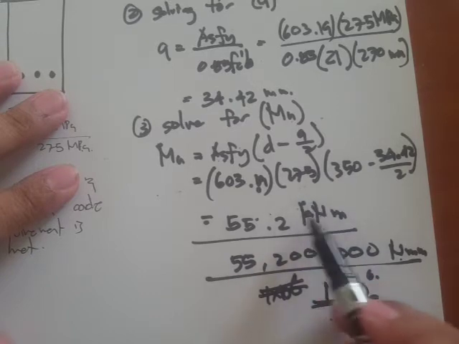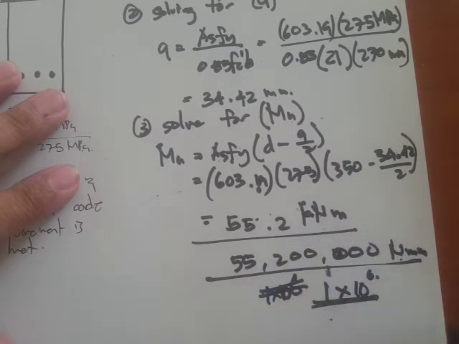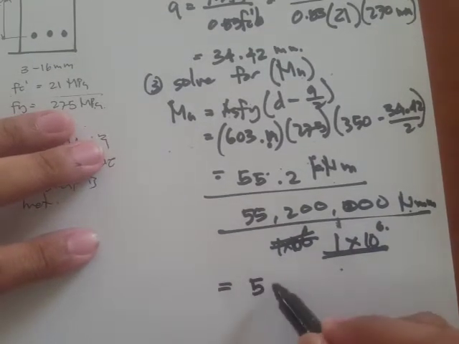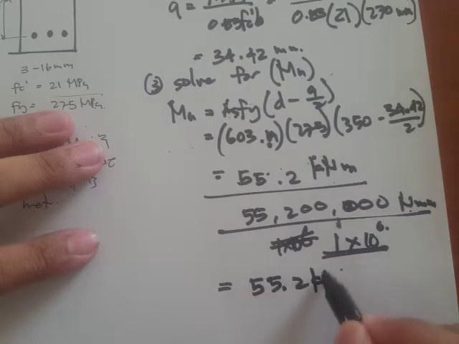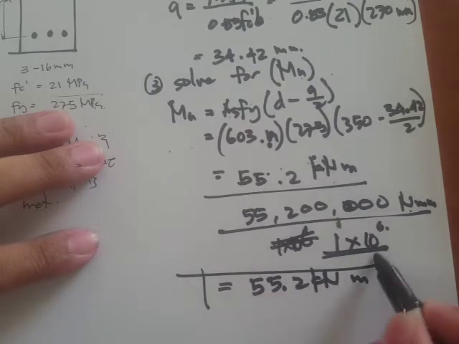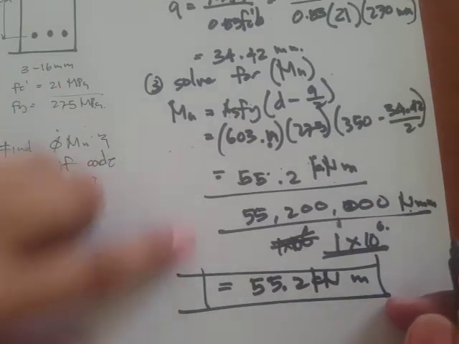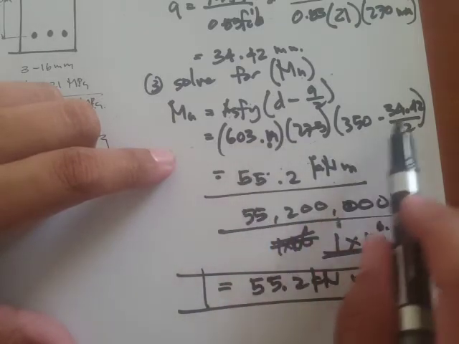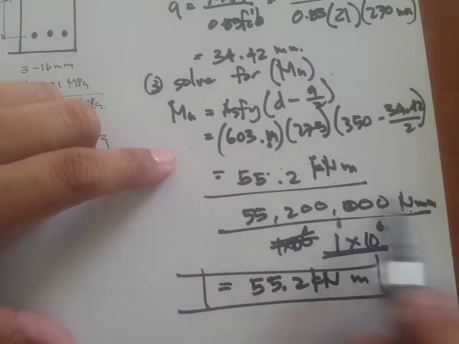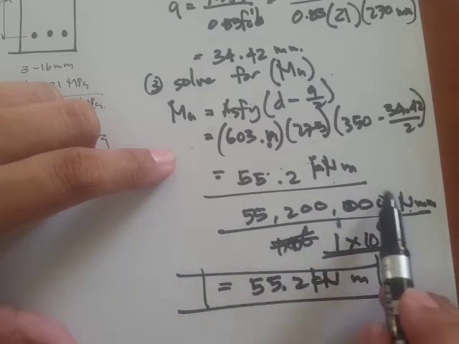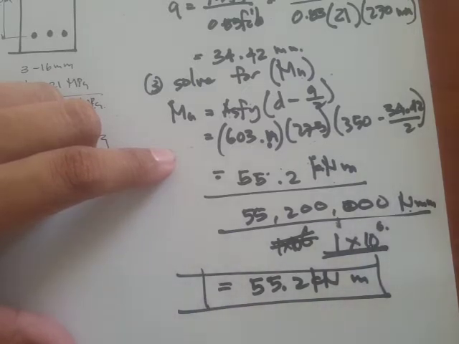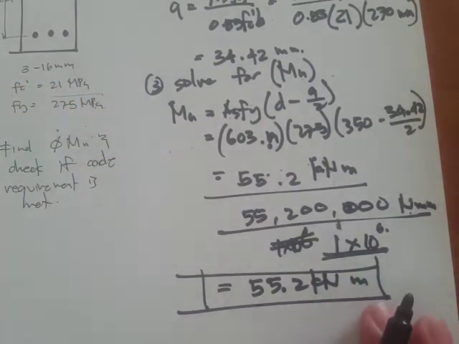Kilonewton is 1,000, and meter is another 1,000, so 1,000 times 1,000 gives 1 times 10 to the 6. So what you get is 55.2 kilonewton meter. You can check if you'd like, but that's the simplest way. Once you have this in mm and Newton, with a value this large, you just have to divide it by 1 million, or 1 times 10 to the 6, and the unit would be kilonewton meter.